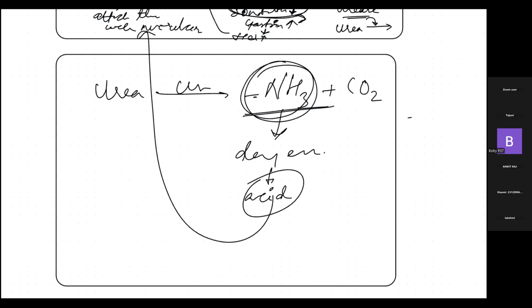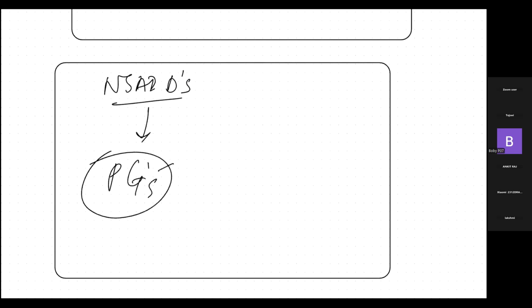Okay, now the third factor that can cause ulcerative dyspepsia is what? It is non-steroidal anti-inflammatory drugs. Now, what do these drugs do? We know they reduce pain, but how? By reducing the prostaglandins. We feel pain because of these prostaglandins.